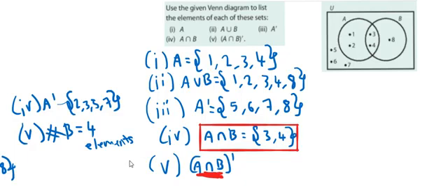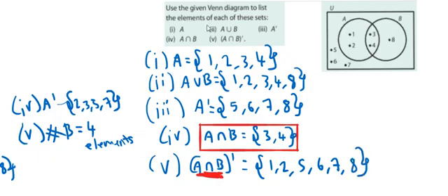So it's everything outside of the intersecting part. So that's going to be 1, 2, 5, 6, and 7 are there, and 8 is there as well. So that's all my answers.